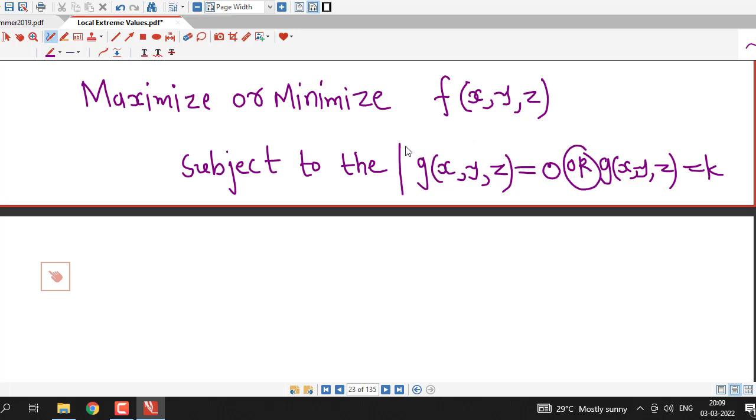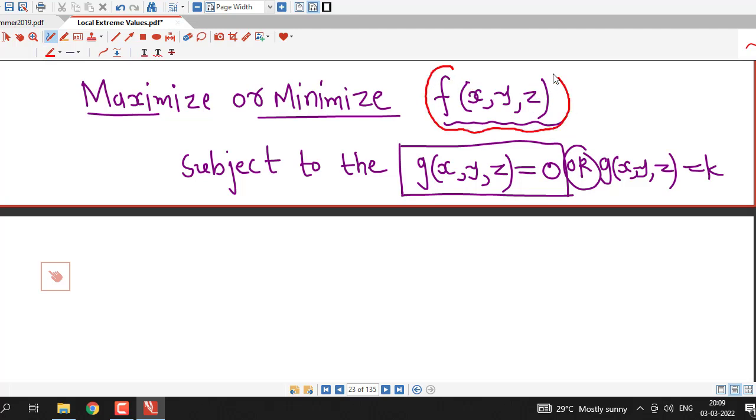Now from the given problem, you have to decide what is your small f and what is your small g. The function which you want to maximize or minimize is small f, and the function g comes from the restriction.